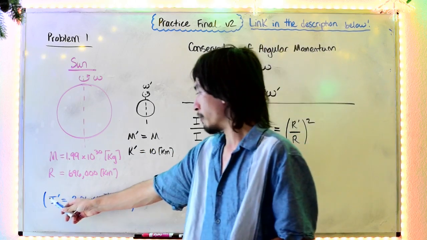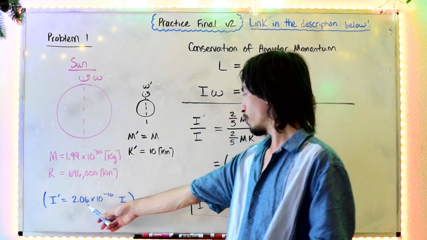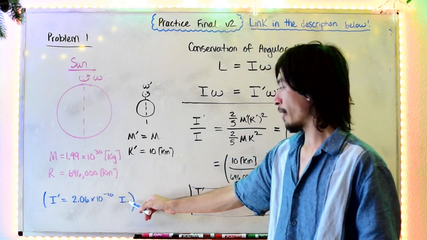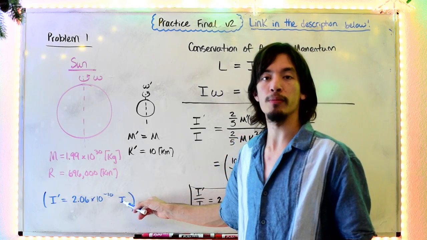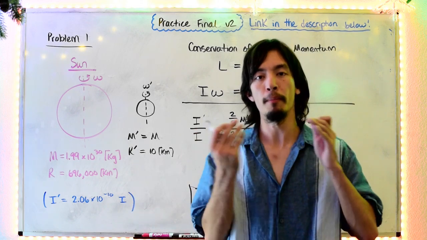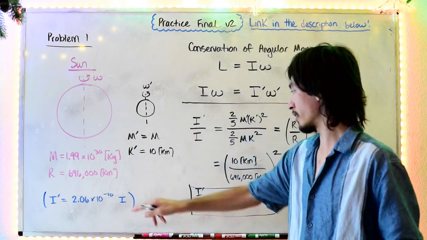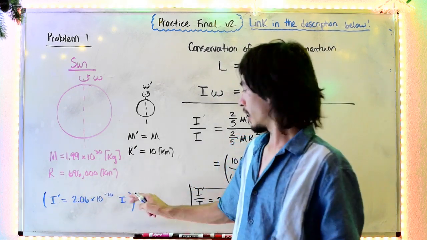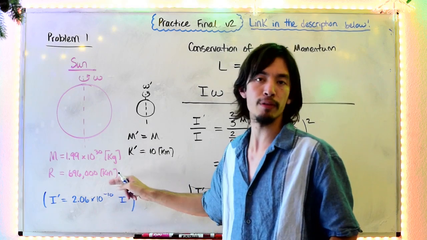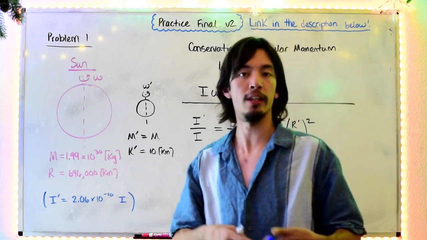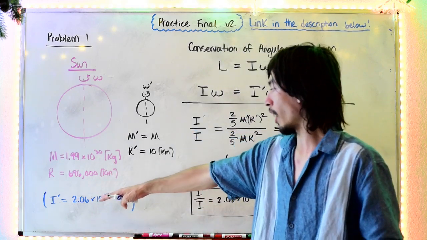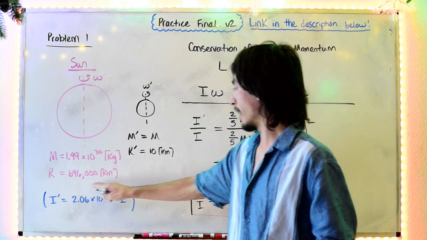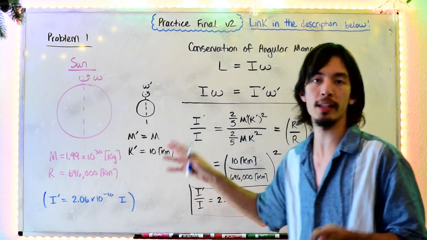So the moment of inertia after equals this number, which is really, really small, times what it was originally. So the moment of inertia got many, many times smaller because it's a number that's much less than 1. For instance, if this number were 0.5 or a half, then I would say the moment of inertia was cut in half. Or if it was 0.25, I would say it's 25% of its original value. But in this case, it's much smaller than that. So that's what it represents.